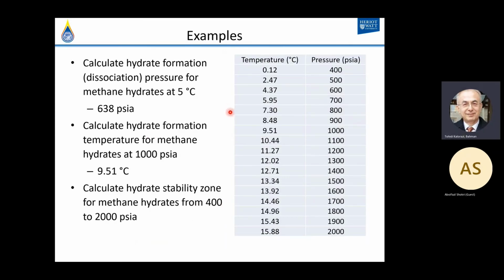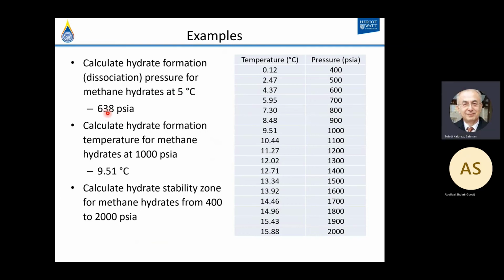So an example here: the question is to calculate the hydrate formation, in fact the dissociation, pressure. As we discussed earlier, for methane at 5 degrees we have a fixed temperature, and we want to find at what pressure it will form hydrate.